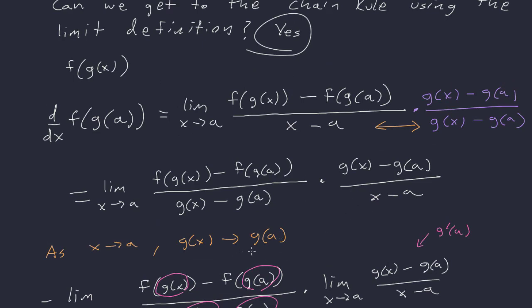There's some tricky things we need to worry about, but for the moment, this is good enough to hopefully at least convince us that we can get there, plus or minus some technicalities. But other than that, that is pretty much the chain rule.